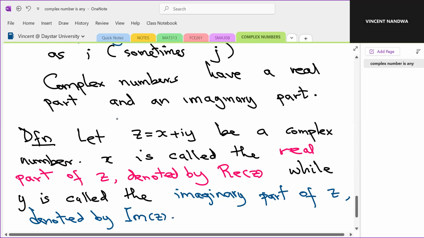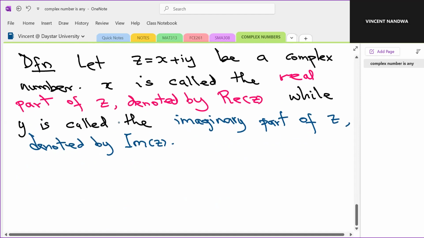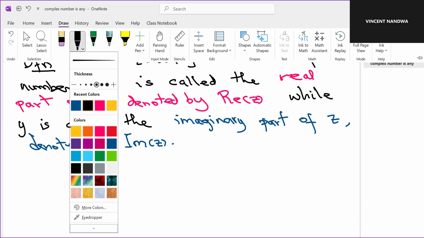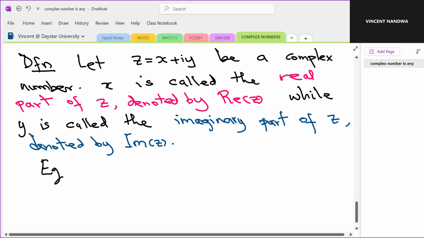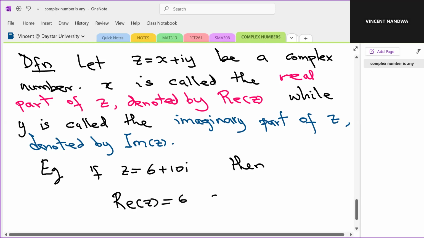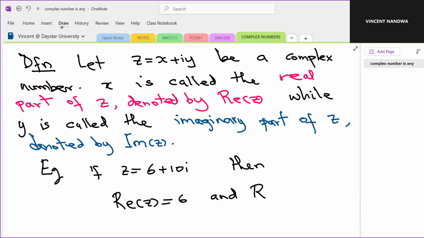So that's what we have. For example, when you are given a number z equals 6 plus 10i, then the real part of this number will be 6, and the imaginary part of this number will be 10.